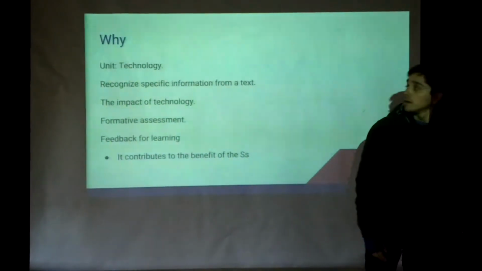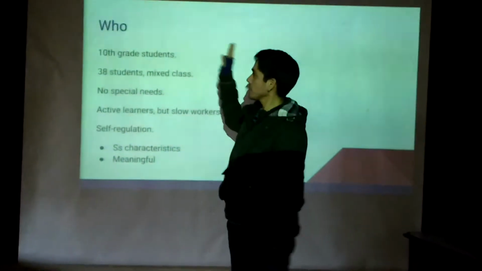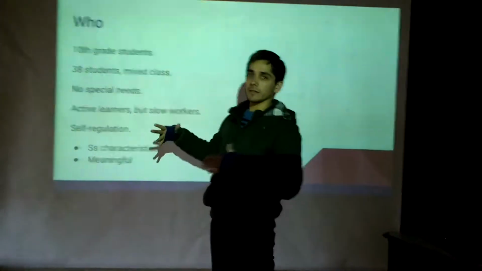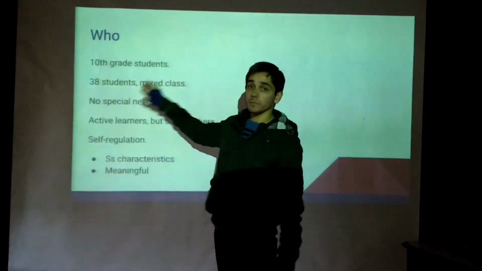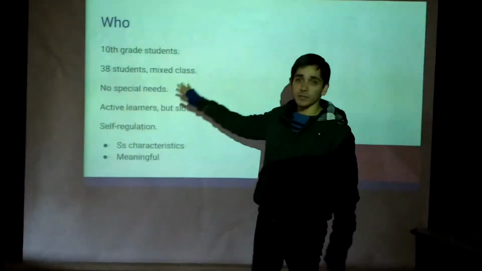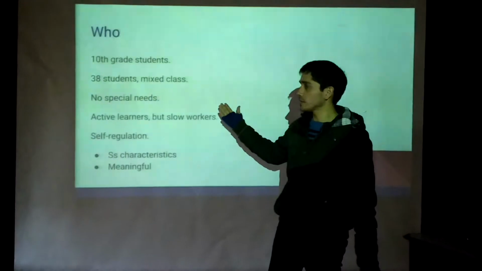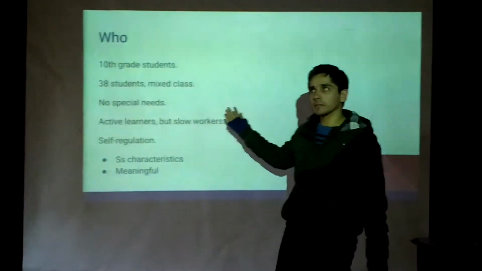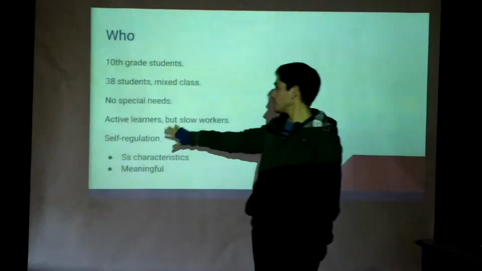At the end, these are 10th graders. So we are going to apply this process for them. These are 38 students, mixed class. No special needs, so we don't have kids that are diagnosed with special needs. They are active learners, but slow workers.